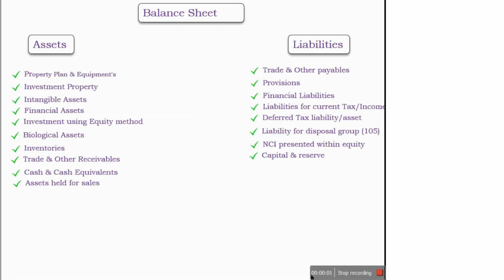Ind AS 1 prescribes the following items to be presented in financial statements. As we have discussed earlier, this standard does not prescribe the order or format in which an entity needs to present the items.